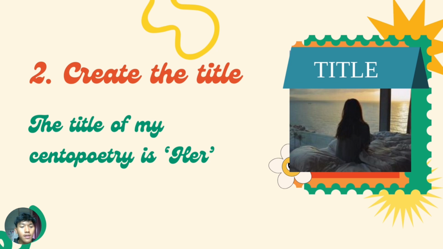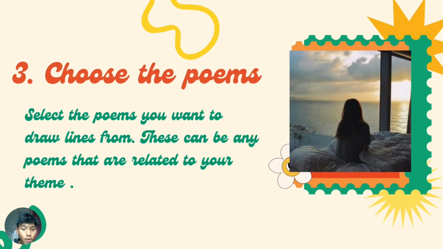And the title of my cento poetry is Her. So this cento poetry will be describing someone who I've been in love with for a very long time. And once we have the title, the next step is to choose the poems.